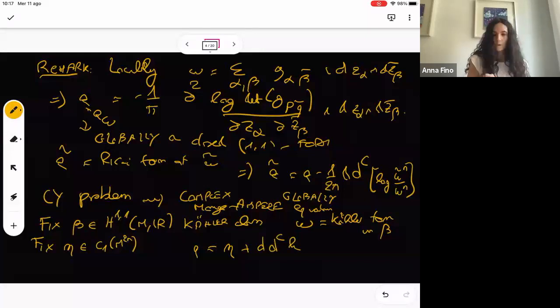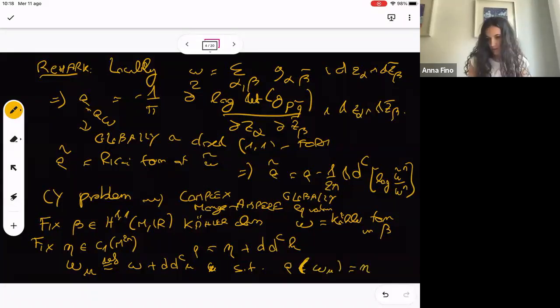Now what you can do is set up, let's say, we are looking for omega u, by definition of the form omega plus dd^c u, which belongs to the class, such that the Ricci form associated to omega u is equal to eta. That's how you formulate the problem.